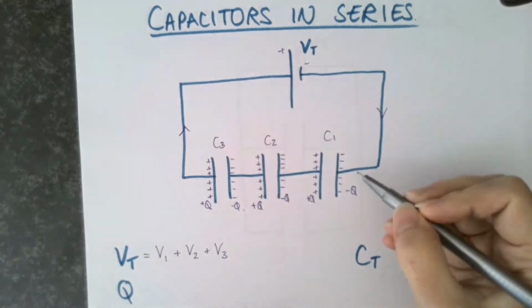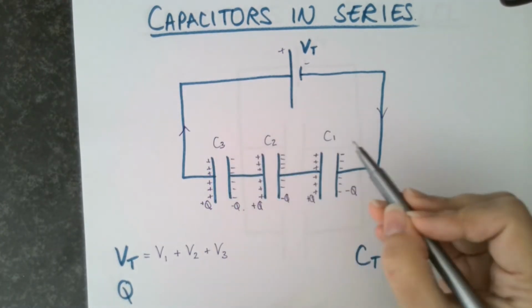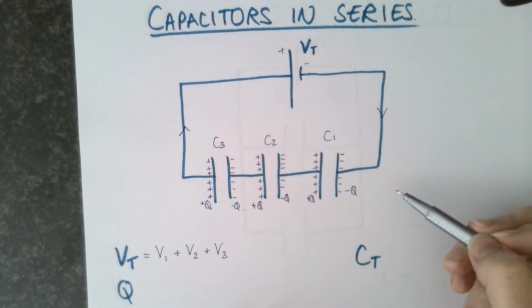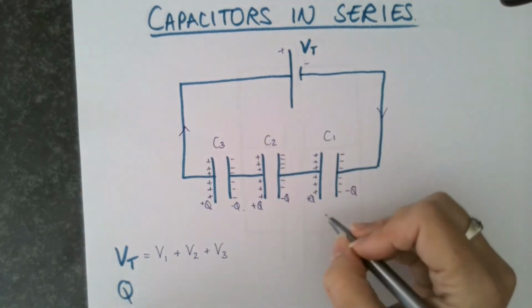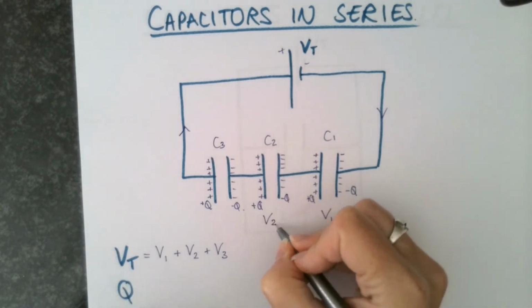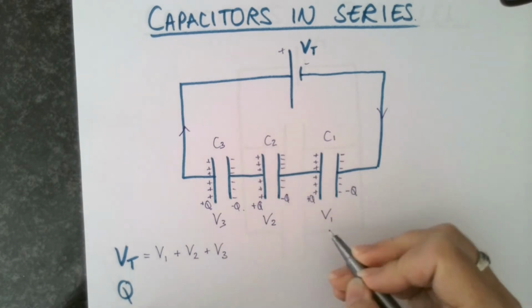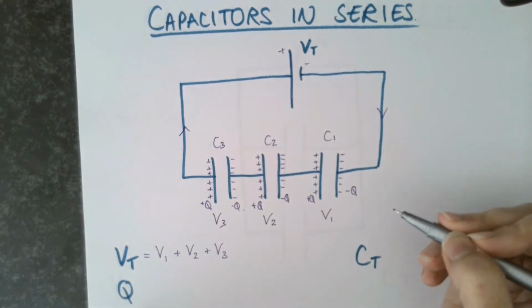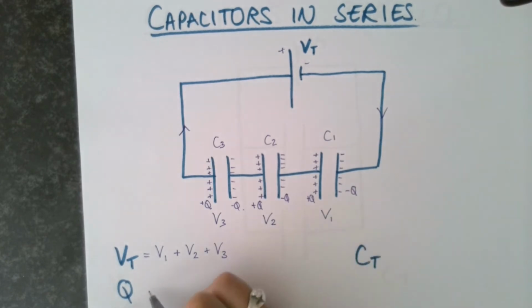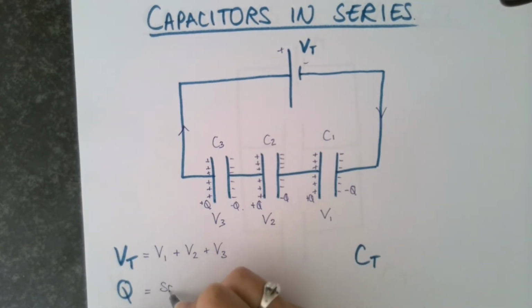I know it seems wrong to do it from right to left, but because our electrons are flowing that way, I think it's simpler to see at the moment. Our voltage across each capacitor is a share of the total because they're in series, and we notice that our charge on each capacitor is exactly the same.